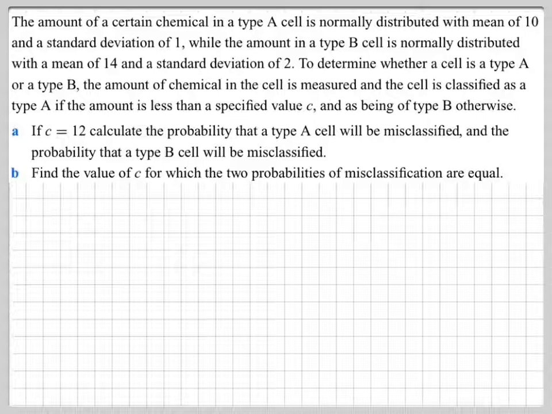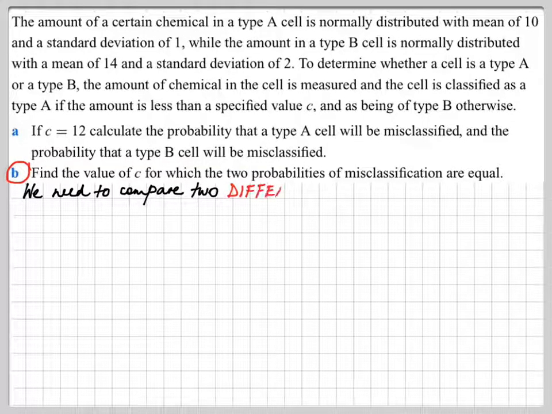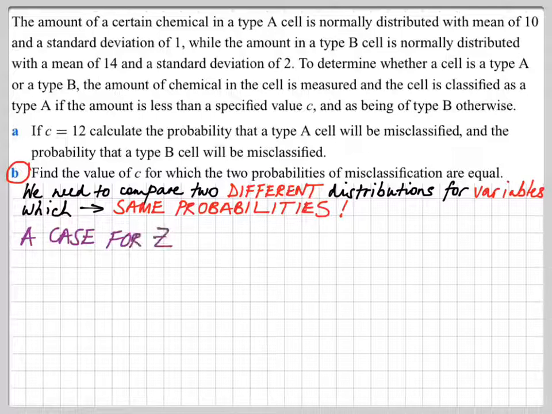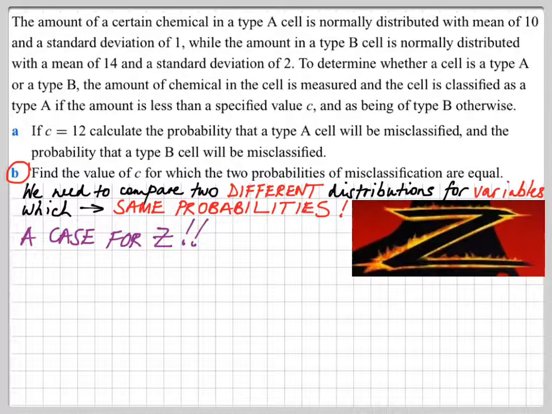I smell a Z here. We need to compare two different distributions, which is a case for Mr. Z.